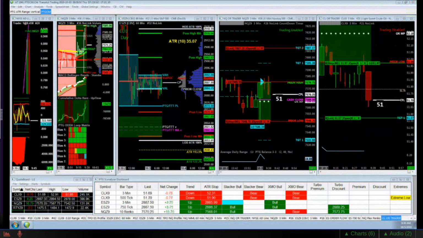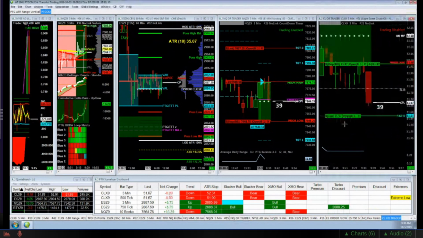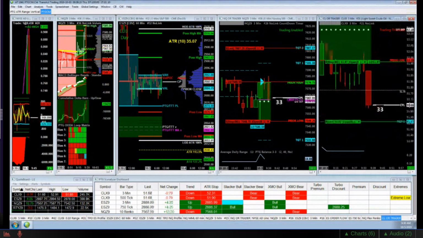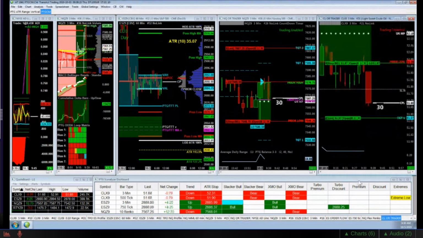Again, I only have one contract in the crude oil position sizing, so typically on days like that, when I only have a single contract, I just go for the base hit, which means target one, our first target level. I don't have anything left to work with based upon position sizing.